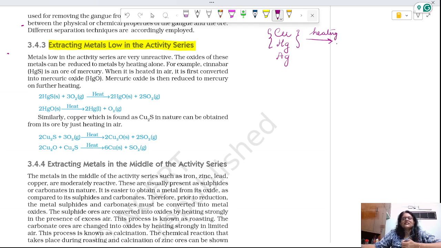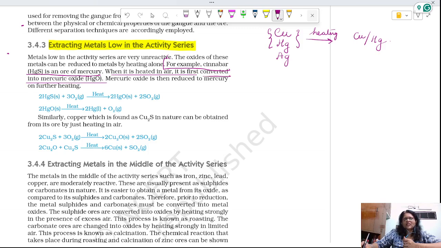Prolonged heating is sufficient for converting the metal sulfides of copper and mercury to get copper or mercury in its metallic form. Cinnabar is the ore of mercury, HgS. When it is heated in air, it first converts to mercuric oxide.